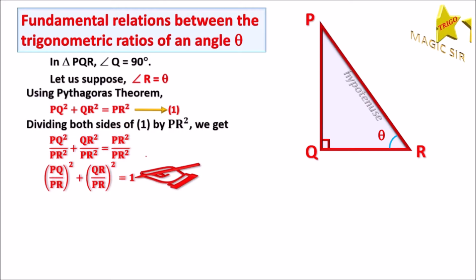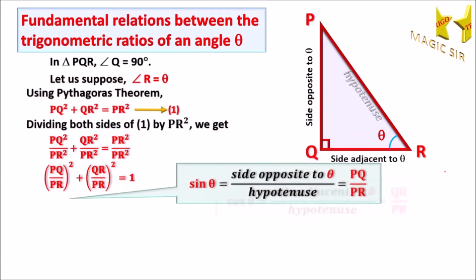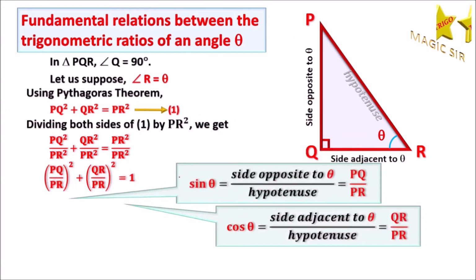Again, see the figure. Side opposite to angle theta is PQ and side adjacent to angle theta is QR. By definition, sin theta is equal to side opposite to angle theta upon hypotenuse, where side opposite to angle theta is PQ and hypotenuse is equal to PR. So we can write sin theta equal to PQ upon PR.